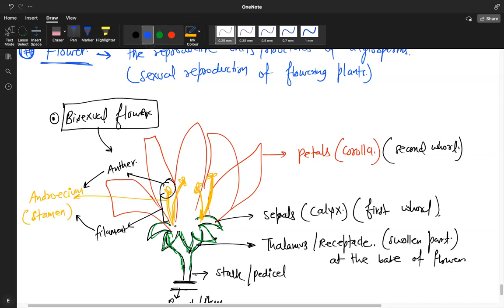Yes. Then in this swollen part, there is one more structure here, which is like this. So it goes long, and it looks like this, right? This structure. So Androecium is the third layer, the third whorl. So write down.